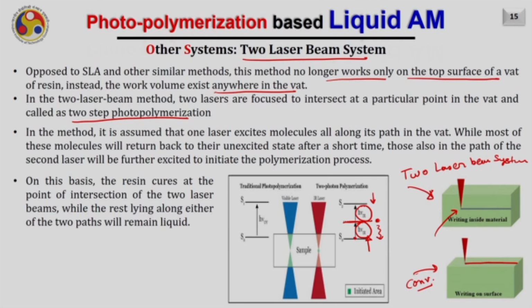Now only the liquid wet which is also in the path of the other laser will be further excited and will reach the excited state, and they will initiate the photopolymerization process. On this basis, the resin cures at the point of intersection of the two laser beams, while the rest lying along either of the two paths will remain in liquid form.